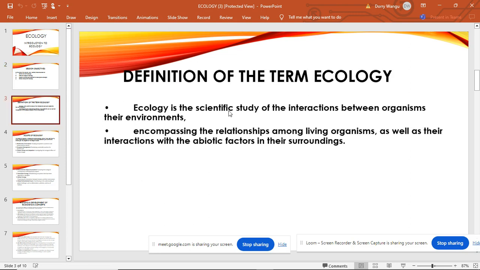We have the definition of the term ecology. Ronnie, define for us the term ecology.